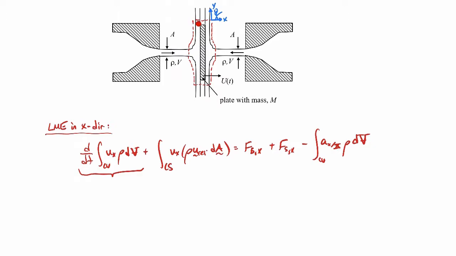Similarly, much of the fluid inside the control volume here also has what looks like zero horizontal velocity as we stand out here. Not everything, but it's pretty close. So this first term is about equal to 0 because ux is about equal to 0 using the chosen coordinate system.